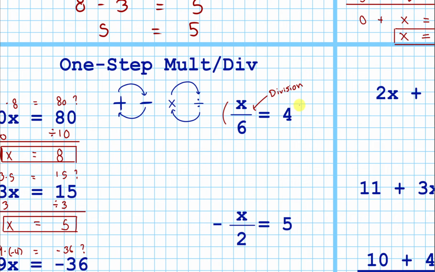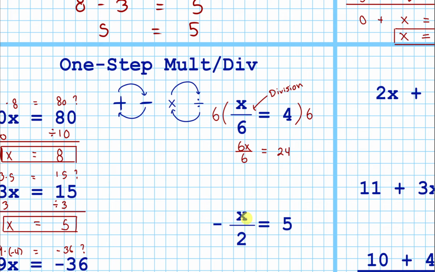And if I see division, what do I do? You guessed it, multiplication. I'm going to multiply both sides by 6. Well, 6 times the top part of the fraction is just 6x over 6. And 4 times 6 is just 24. So I get the equation 6x over 6 equals 24.